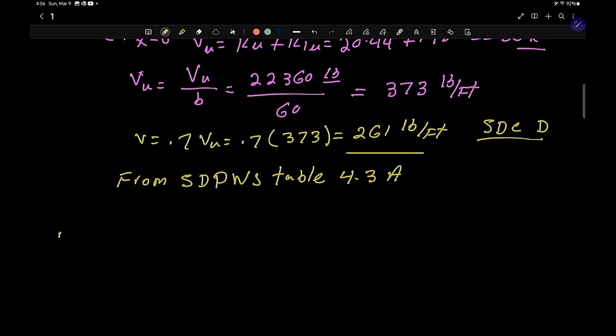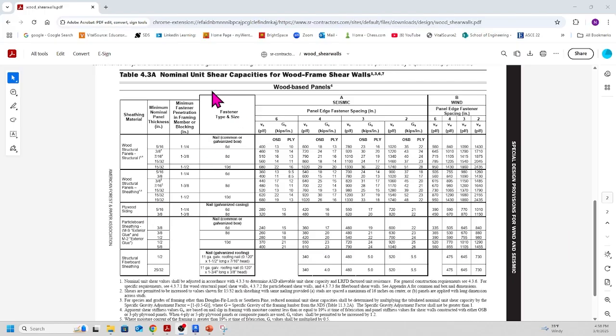I don't have that code with me, but we can grab it online anyway. Everything's online these days. Alright, looking at this table, we're going to use 3/8 plywood sheeting right there, and we're going to use 6D common nails, and I'd like to go 4-inch on center for nail spacing.